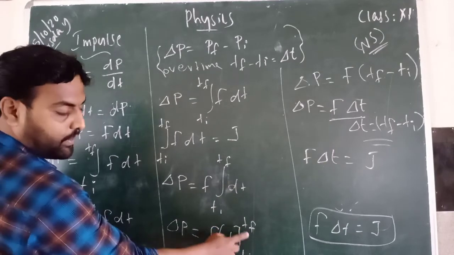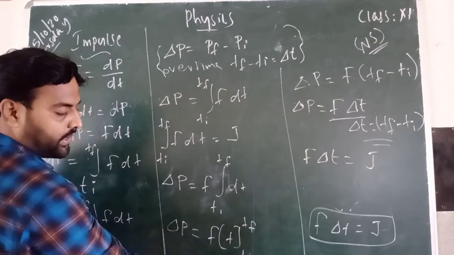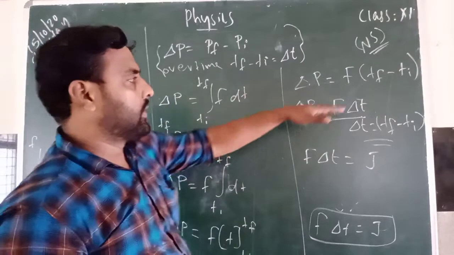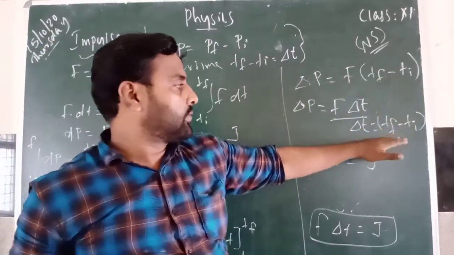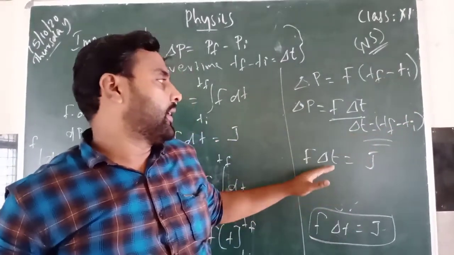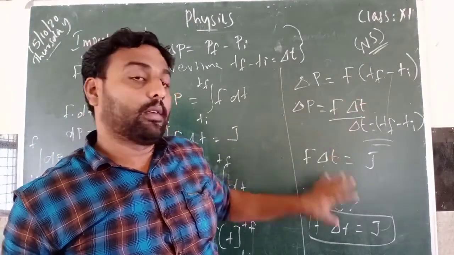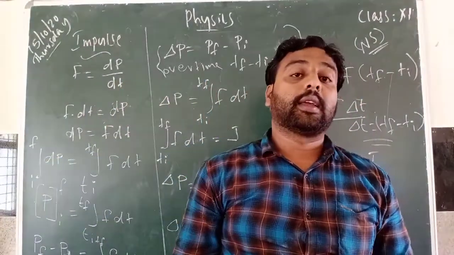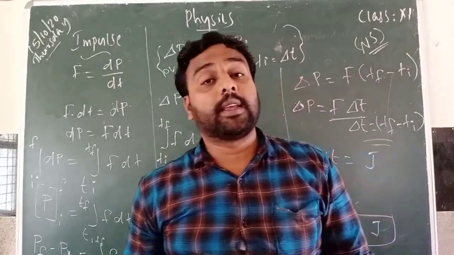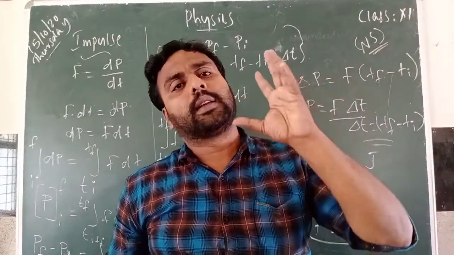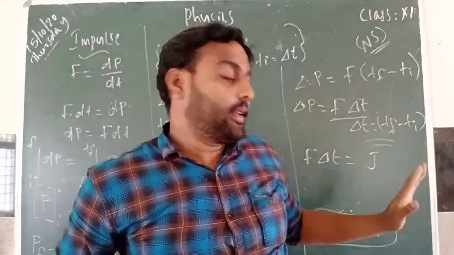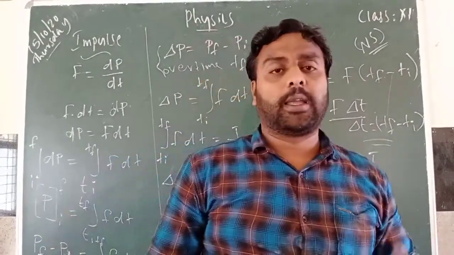Then apply the limit, upper limit minus lower limit. So Tf minus Ti is delta t. And F delta t means the integration of F dt, which is J. F delta t is equal to J. J means impulse.